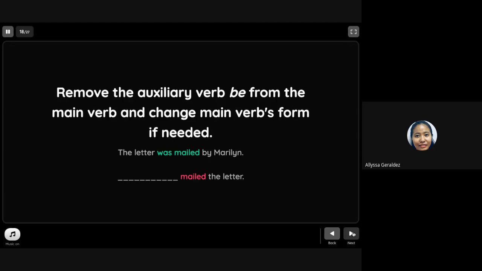So the letter will move, and we remove the auxiliary verb be. Retain the main verb, and you can change it if it's needed. So mailed, you have it there. Blank mailed the letter.